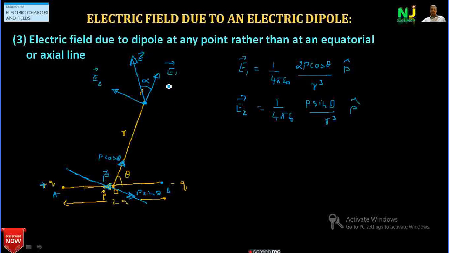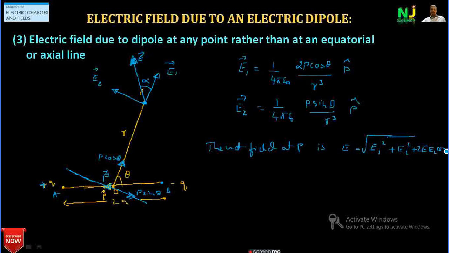The electric field at P is E equal to the square root of, using the parallelogram law of vector addition, E1 square plus E2 square plus 2 E1 E2 cos theta. But the angle between E1 and E2 is equal to 90 degree.